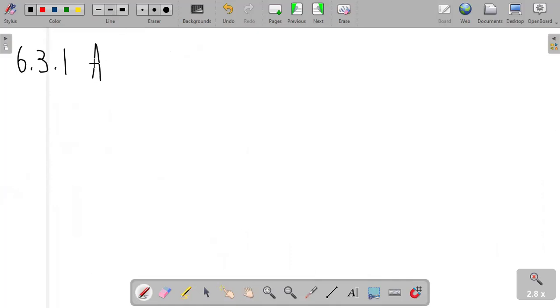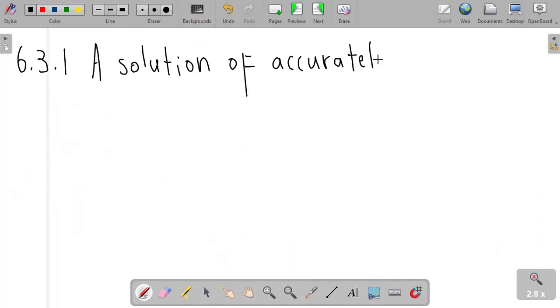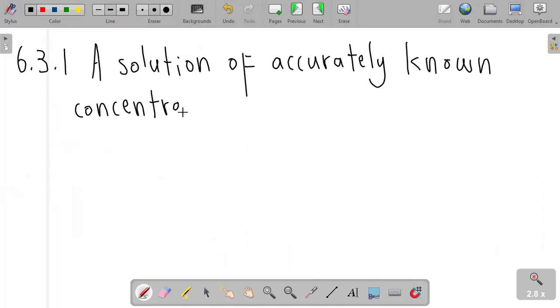It is a solution of accurately known concentration. This is the definition for standard solution: a solution of accurately known concentration. Okay.